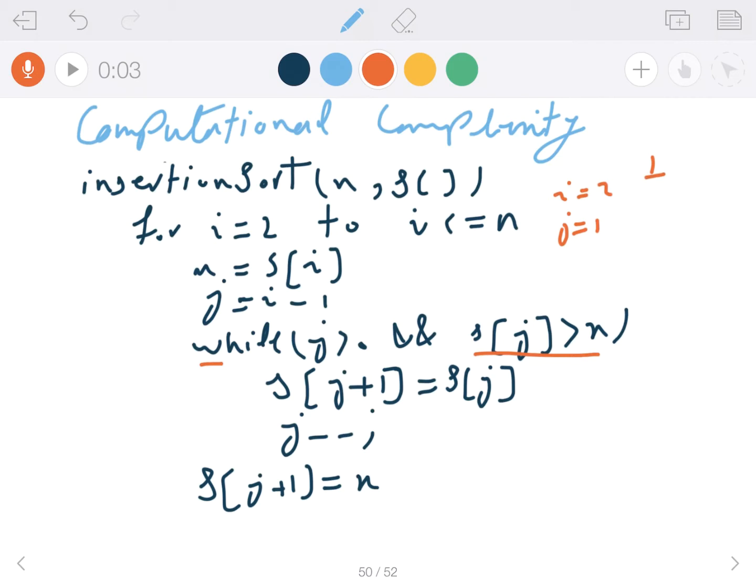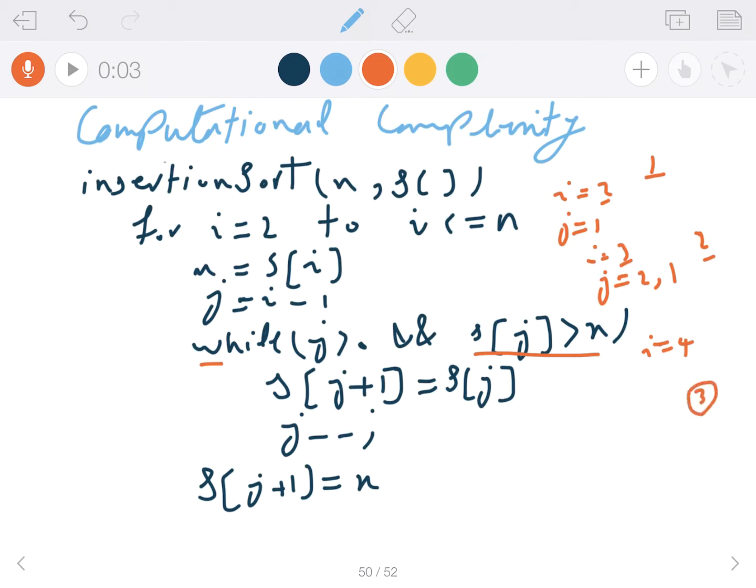So when i is equal to 3, j can be 2 and 1. As you see, when j is equal to 2, there are two comparisons, so it's going to be 2. This gives us an intuition that when i is equal to 2, we have one comparison, when i is equal to 3, two, and definitely when i is equal to 4, we'll have 3 comparisons.